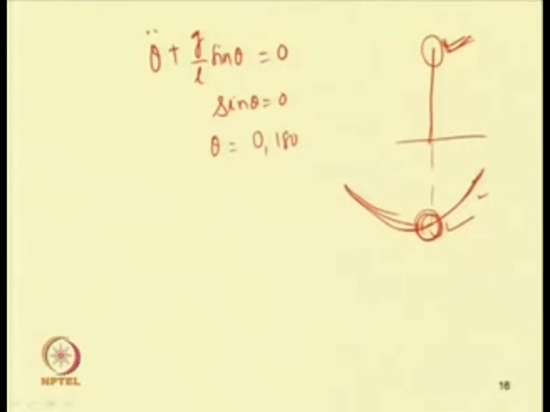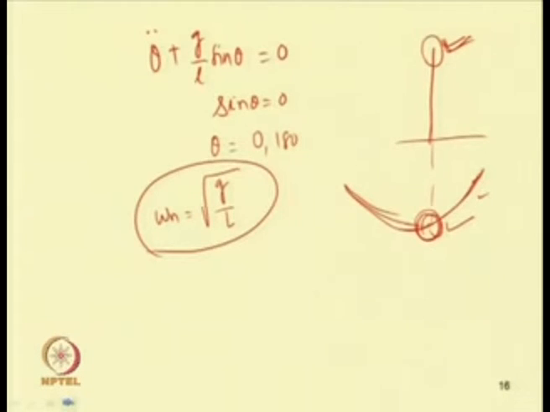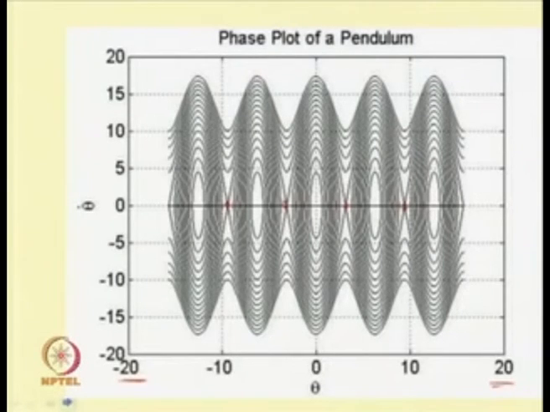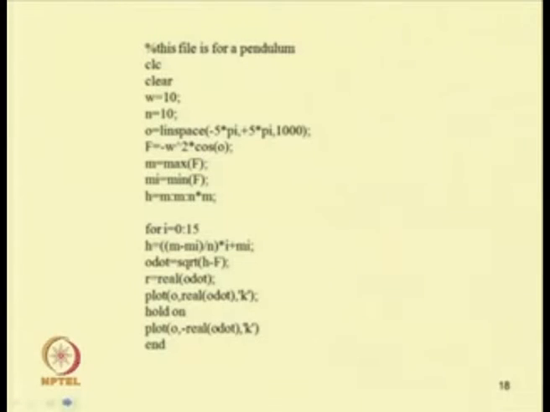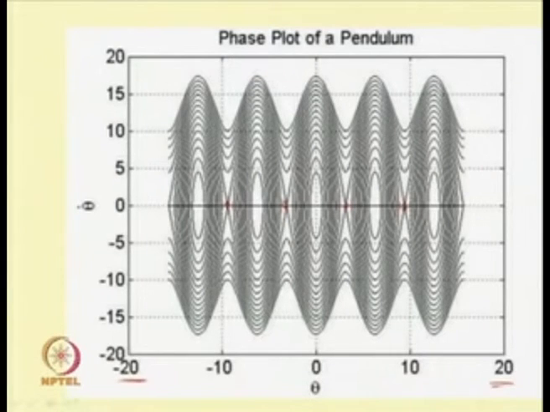In case of the linear systems, omega n equals root over g by L, but in case of nonlinear systems, we will see that it will be no longer g by L, but a factor multiplied with this g by L. After doing this qualitative analysis, this code is written for this pendulum to obtain the phase portrait.